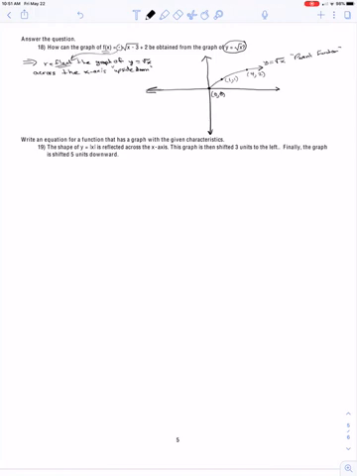So let's go ahead and do that, and we'll put our new graph in a different color. Let's put it in blue over here. As we graph that, let's take these points that we plotted. For example, 1, 1, as we reflect across the x-axis, would be 1, negative 1. So as we build in the reflection, here's where our graph would be.